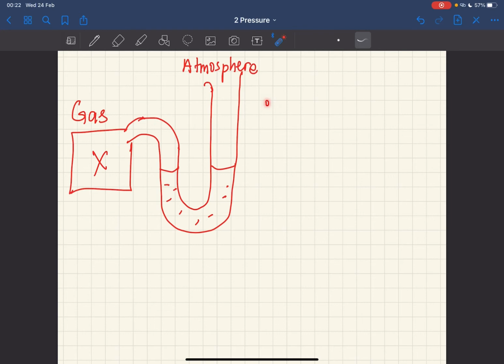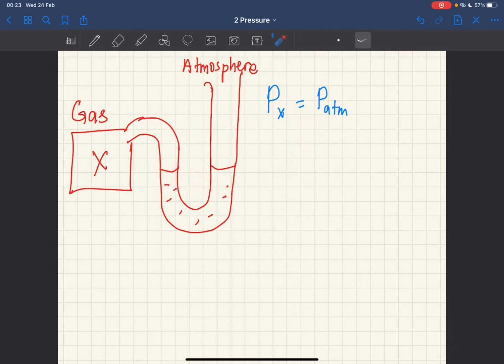The pressure of gas X equals the pressure of the atmosphere. Why? As you can see here, they are both at the same level. That means pressure here equals pressure here. If here we have the atmosphere, here we have gas X. So the pressure of gas X is actually equal to the pressure of the atmosphere.